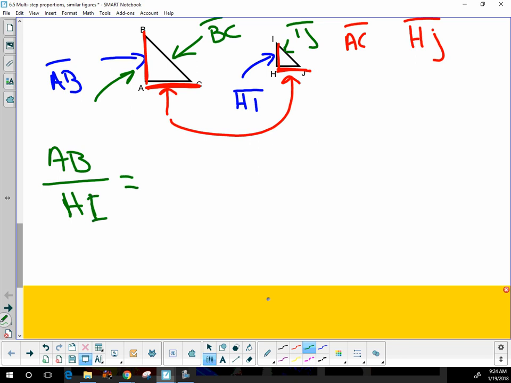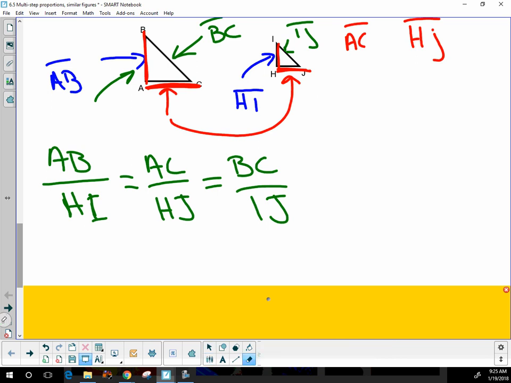And that should be equal to the relationship between line segment AC and HJ, which should also be equal to the ratio of line segment BC to IJ. If there's a missing value for any of these, you can solve it.